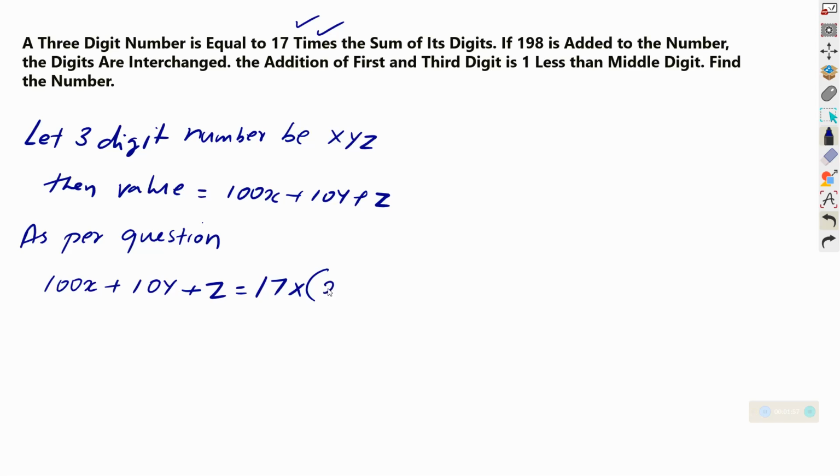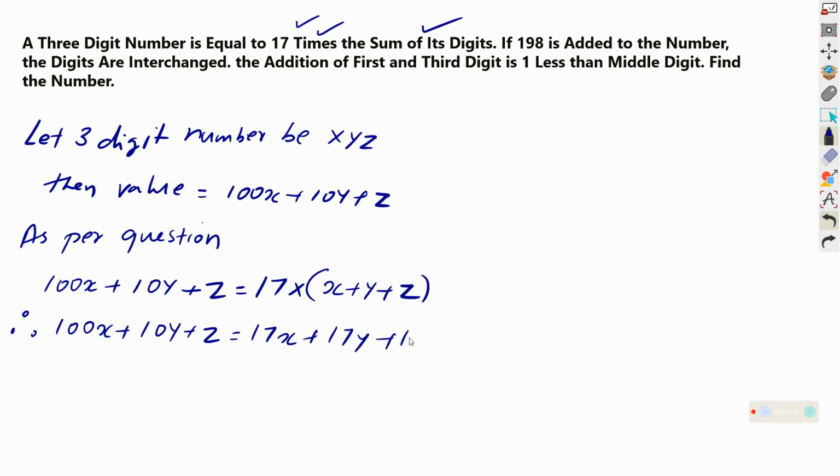If you add the digits of the number and multiply by 17, you will get the value of the given number. If that is the case, we can simply write 100x plus 10y plus z is equal to 17x plus 17y plus 17z, just removing the bracket.